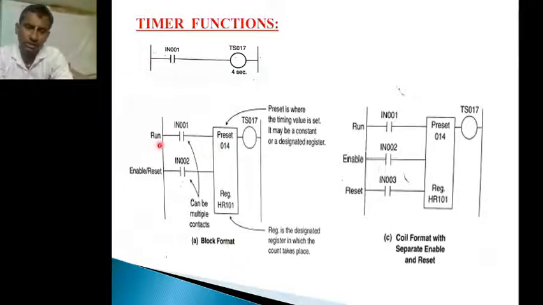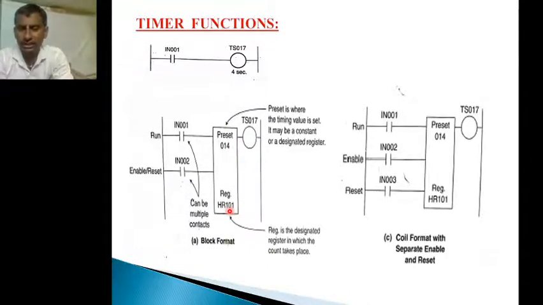When we press the run input IN001, we can preset the timing delay value to 14 seconds, and the output of TS017 is on after 14 seconds, where we give the 14 seconds in the holding register 101.